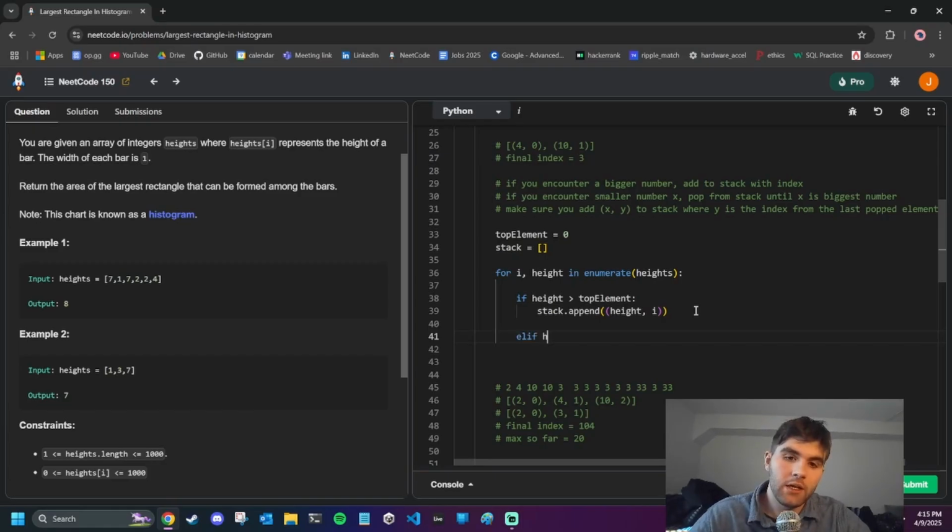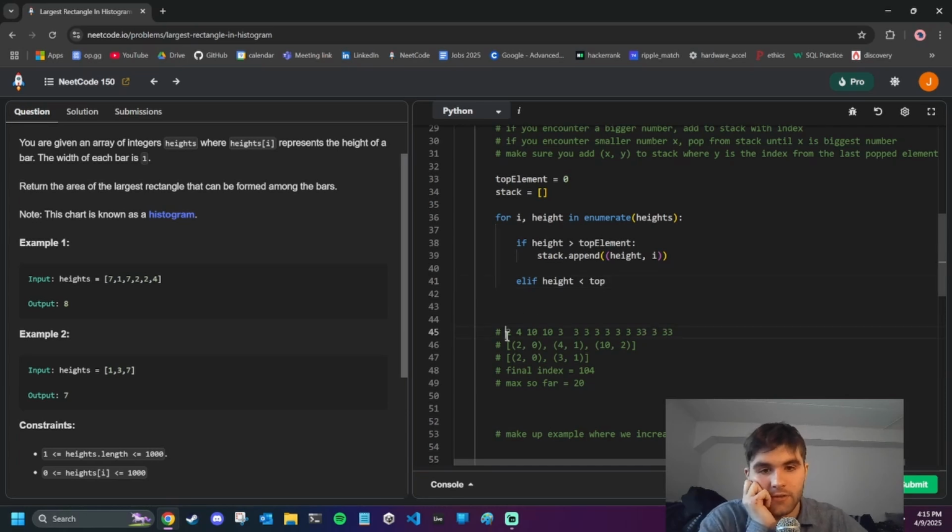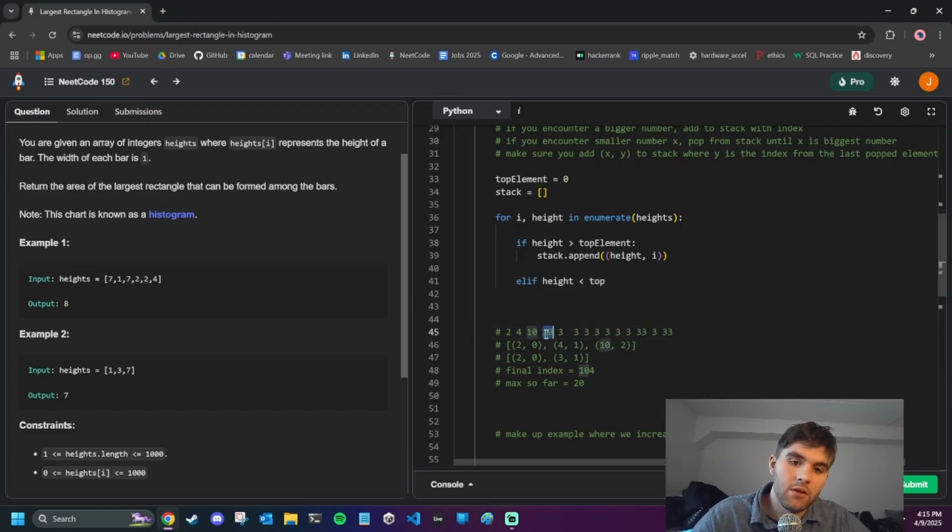So is it the top element, or is it any time we decrease that we have to pop from the stack? I guess it's any time we decrease, but that also means it's any time we are less than the top element.